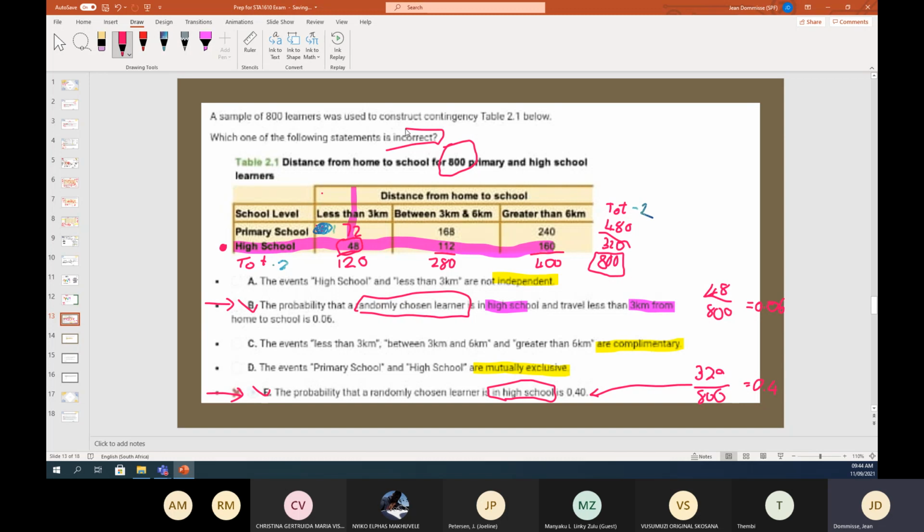We are again looking for the incorrect one. Okay, so if they ask us what is the probability that a randomly chosen learner is in primary school and that he is greater than 6 kilometers away from school, I would have done that, and then I would have said, okay, so now it is 240 divided by 800.